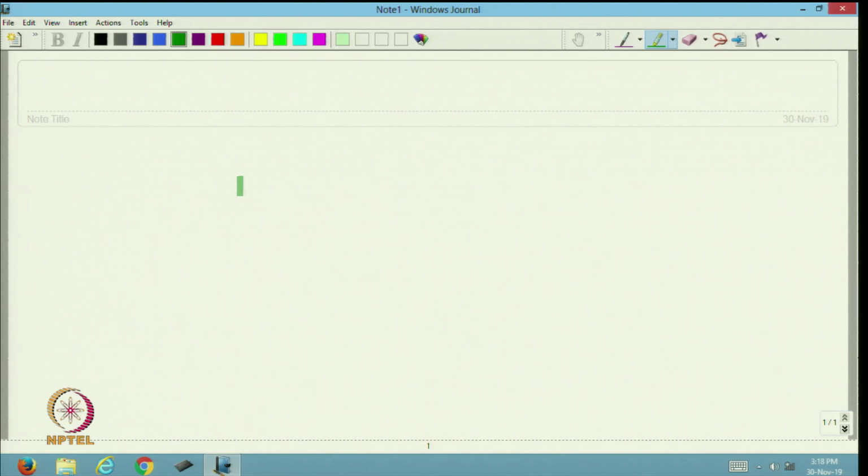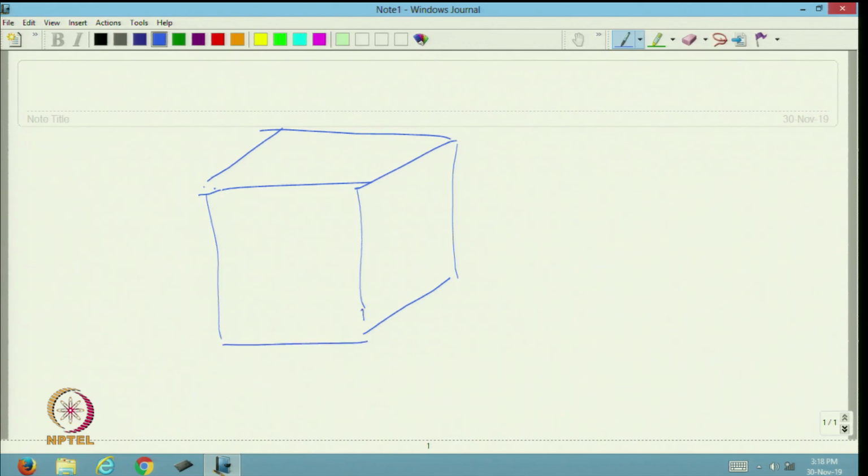Now, suppose this is a matrix. Here we can have fibers in this fashion, or in this fashion.